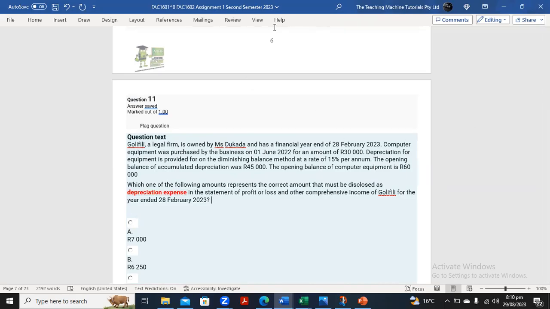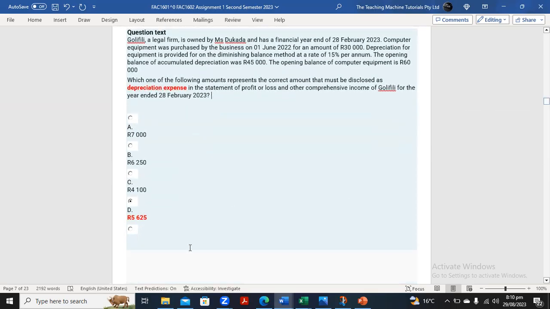We have two types of equipment here: equipment that was bought during the year, and an old equipment. We need to calculate depreciation for both. So let's start with old equipment.